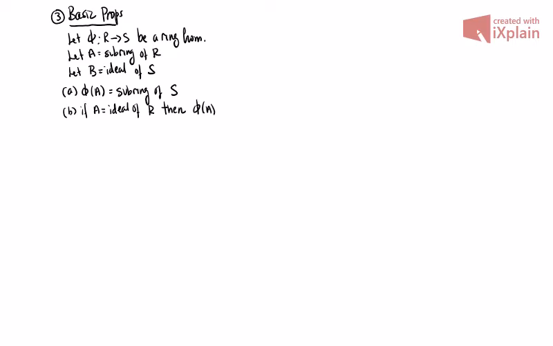But it is true that phi of A is an ideal of phi of S. So we can say as part of this, if phi is onto then phi of A is an ideal of S, but otherwise it's just an ideal of phi of S, of the range rather, more specifically.